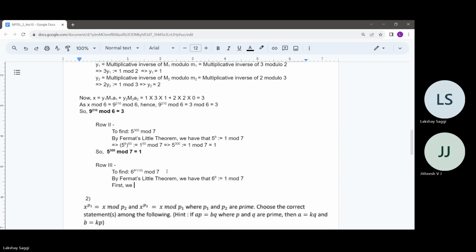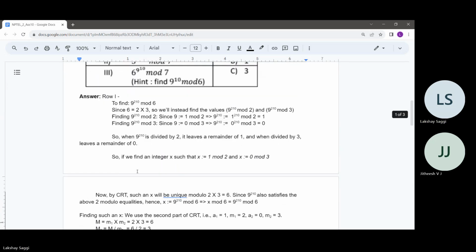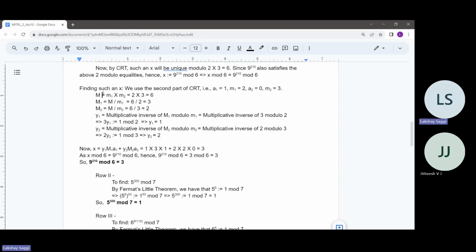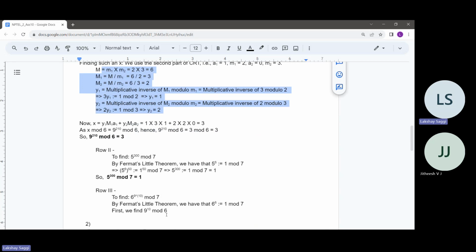First we find 9 raised to the power 10 mod 6. And what will this value actually be equal to? This can again be found using the Chinese remainder theorem, because 6 is a composite number, so we divide it into the prime factors 2 and 3.